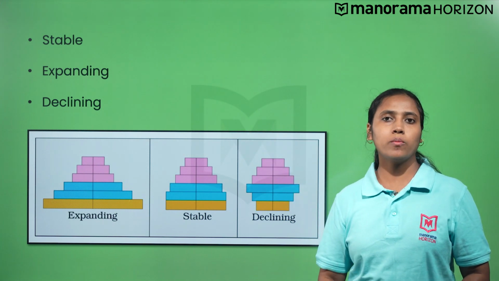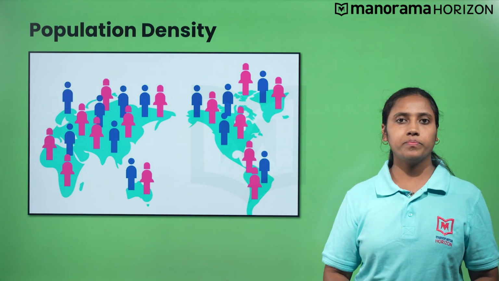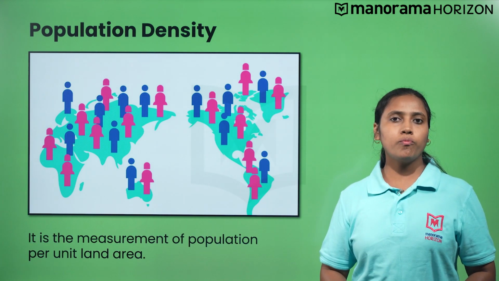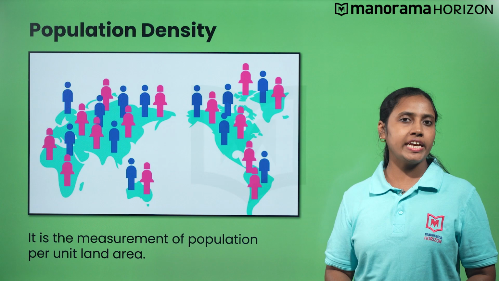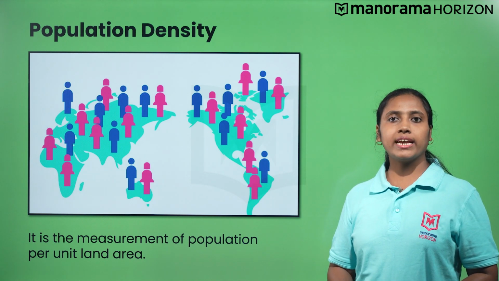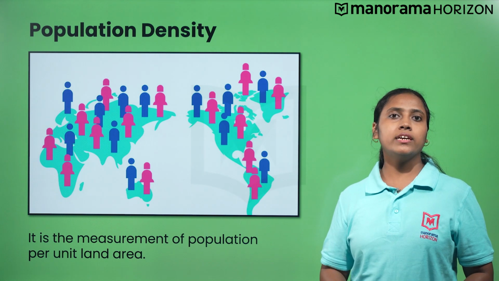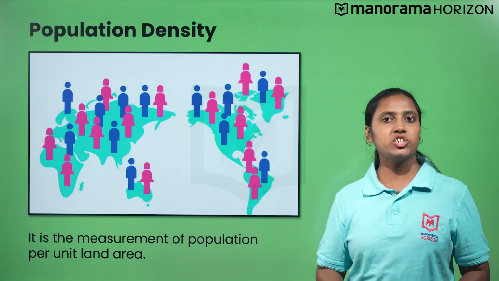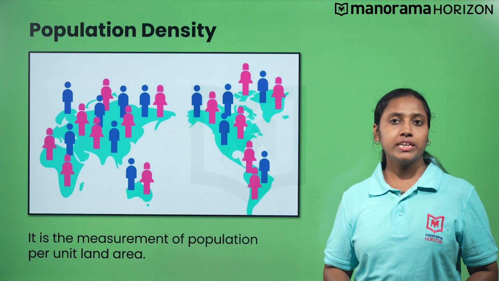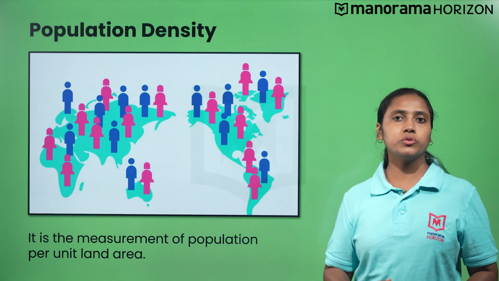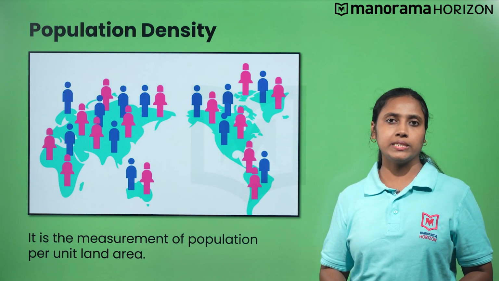Now let's check population density. It is the measure of population per unit area. Population size or population density, designated as N, need not necessarily be measured in numbers only. It is sometimes difficult to determine the population density.